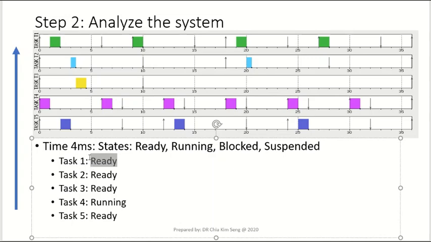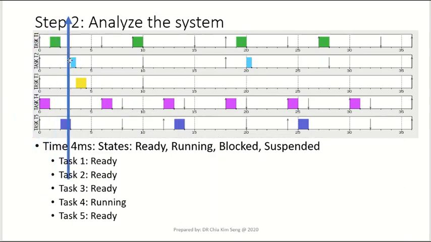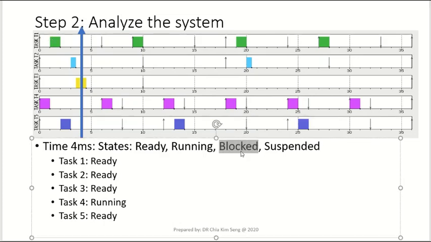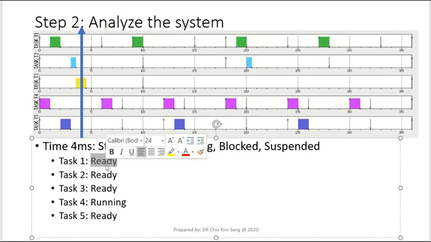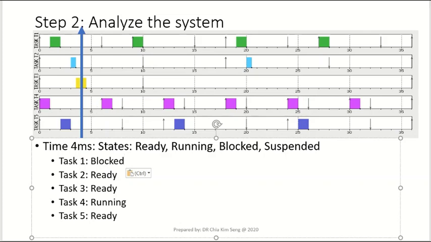Next we go to time 4 millisecond. At 4 millisecond we find out that task 1 is completed. When a task is completed, until the next release time it is in the block state.